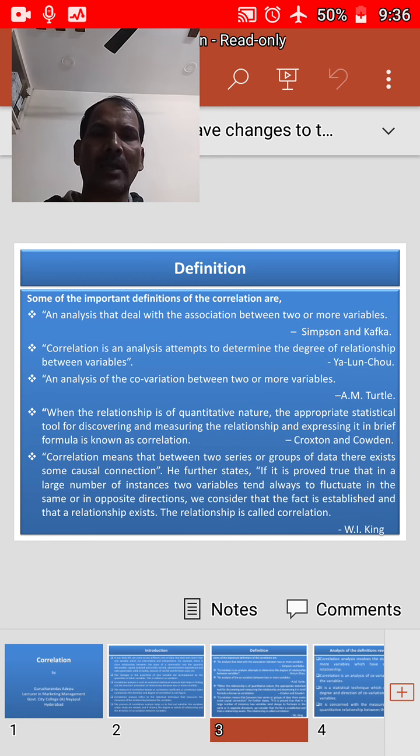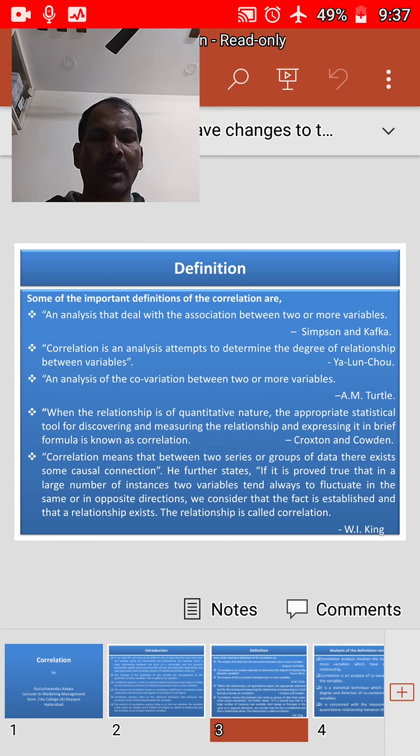This is given by Simpson and Kafka. According to Alan Chow, correlation as an analysis attempts to determine the degree of relationship between variables. And the third definition, given by A.M. Tuttle, defined correlation as an analysis of the covariation between two or more variables.